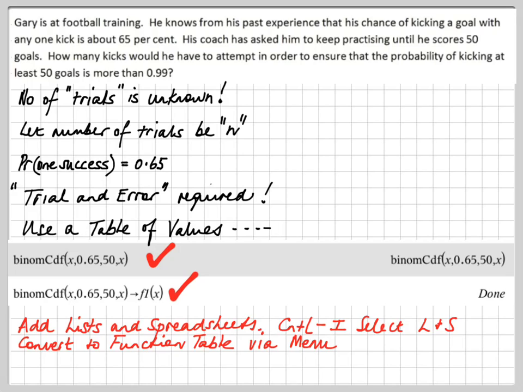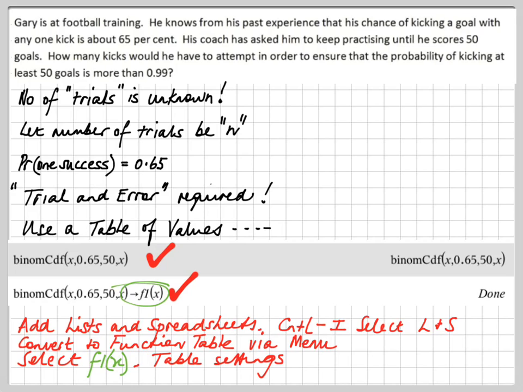So you can flip-flop between a lists and spreadsheet and a function table once you're in the lists and spreadsheet application page. Once you're in a function table, via the menu you can select whichever functions are already programmed into your calculator on the calculator screen. I had made our function f1 of x, so you can select that one.